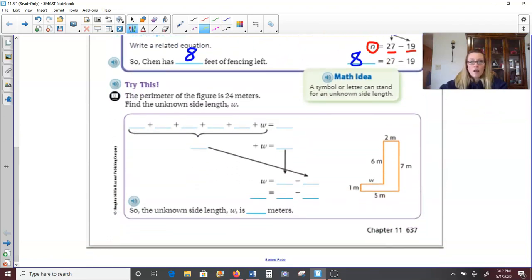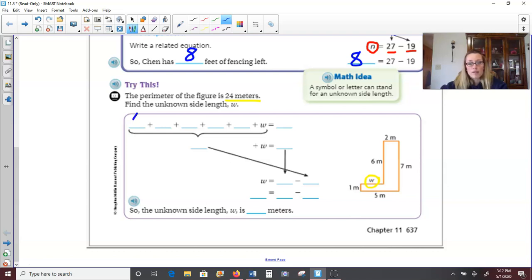All right, the next one, it says try this. The perimeter is 24 meters. Find the unknown side length W. So we need to figure out what this side length over here equals. So let's fill in what we do know.